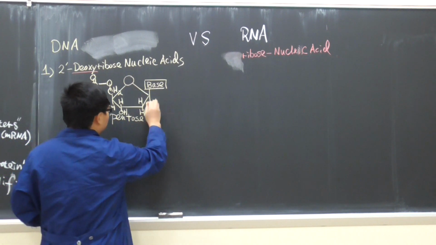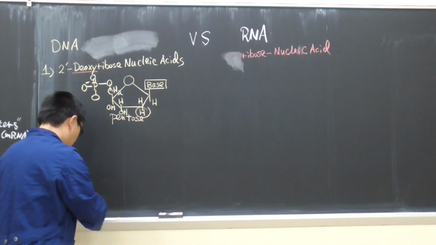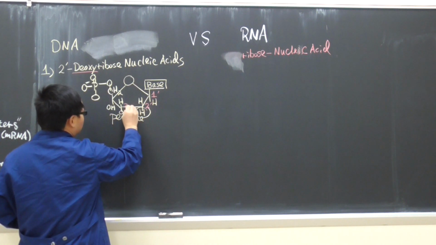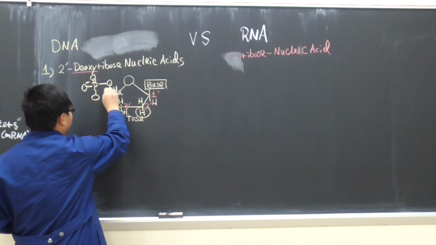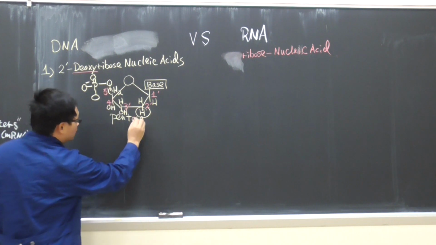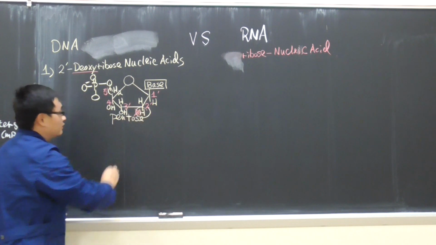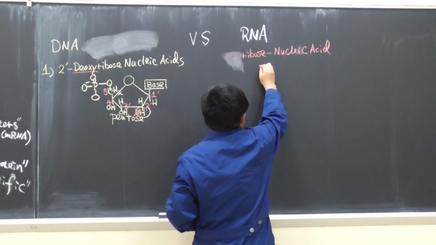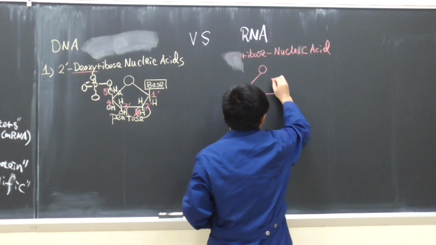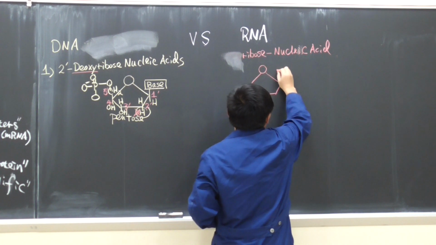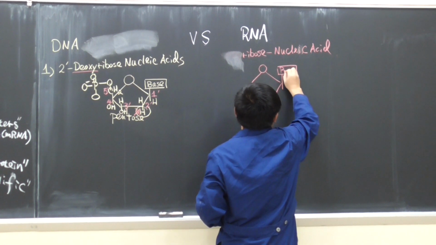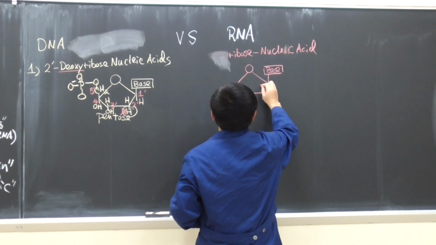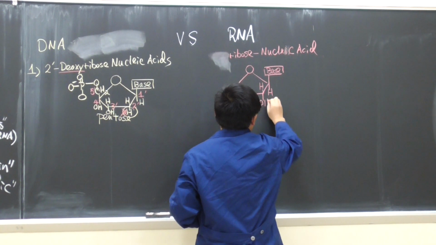Now the big difference is here. If we label this, this is the 1 prime, 2 prime, 3 prime, 4 prime, and 5 prime carbon. Here, we do not have an O. For ribose, you can do the same thing. What's the difference? Don't ever hesitate to draw it yourself, because that will make your life easier and give you more understanding.